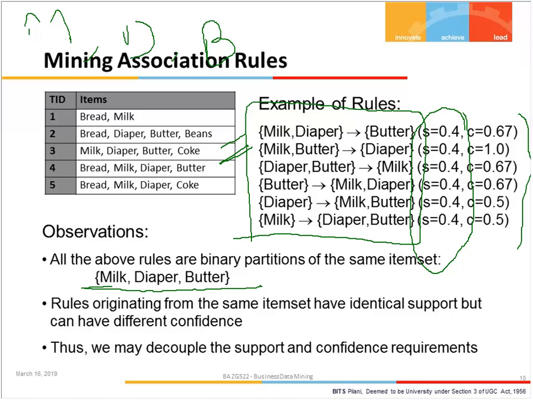This is a very generic idea: if rules originate from the same item set, they are simply various binary partitions of that item set. They will have the same support but different confidence, so our goal is to maximize the confidence because the support for all these rules is the same.